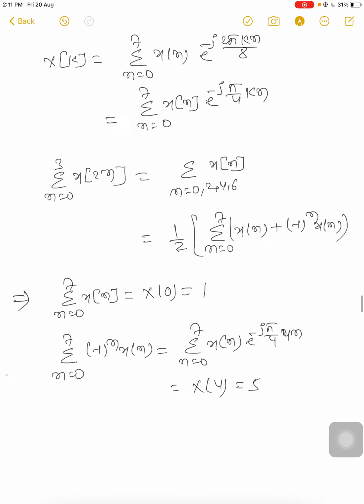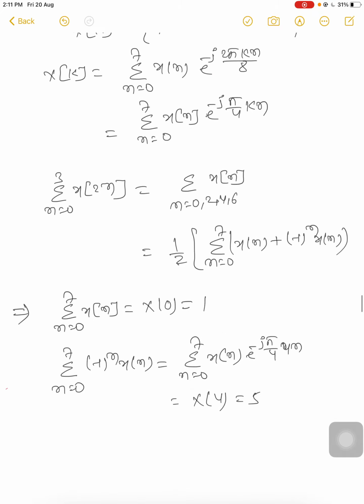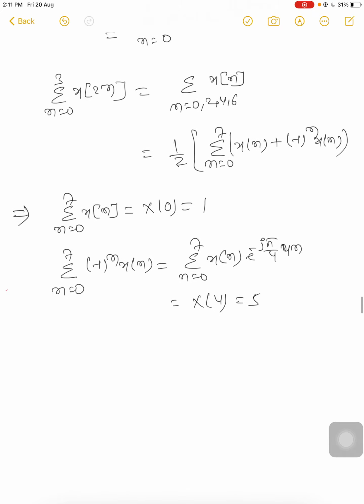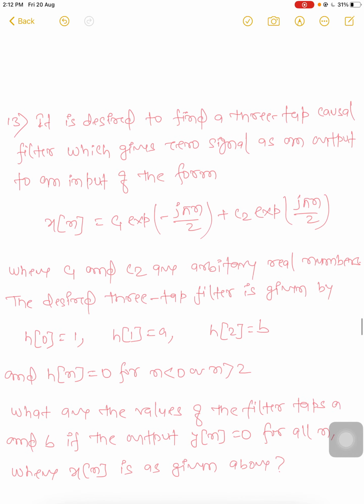So it will be X[4], and the value of X[4] is given as 5. So the summation for n = 0 to 3 of x[2n] will be half of 1 plus 5, and the answer will be 3. Now comes the next question.